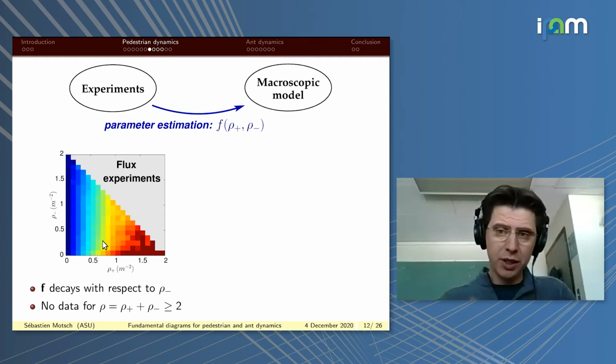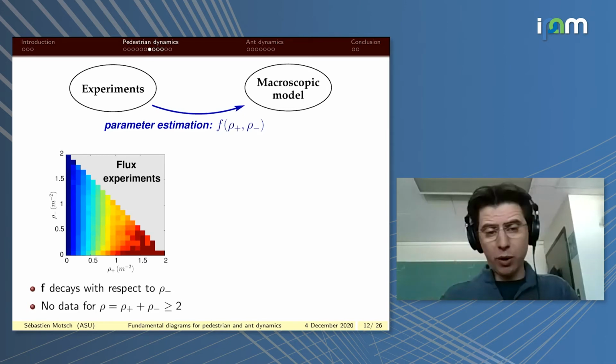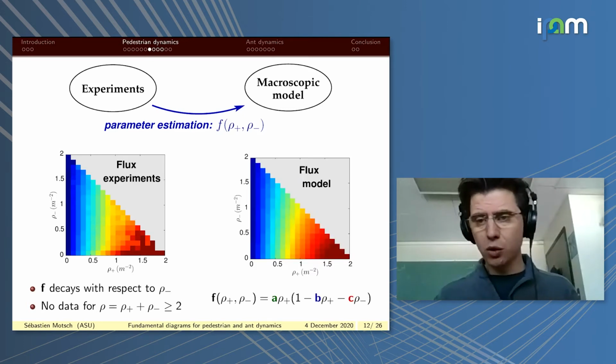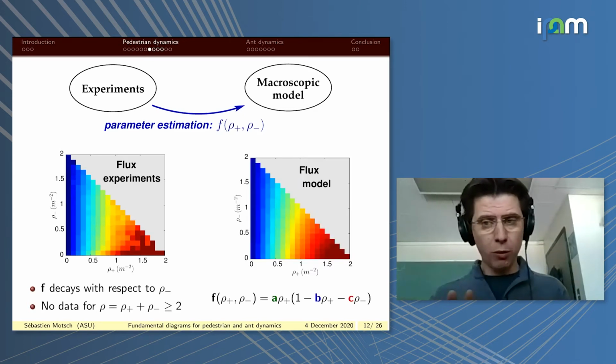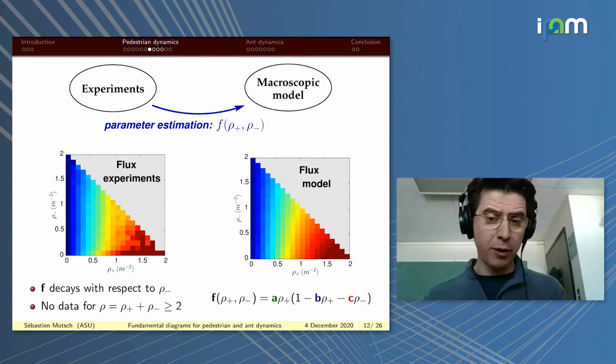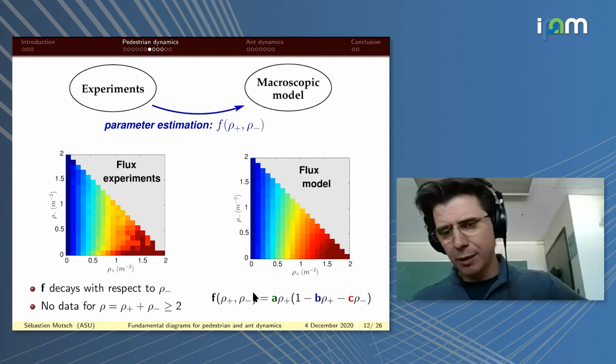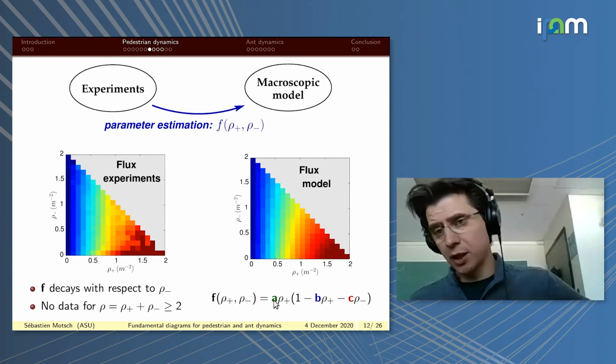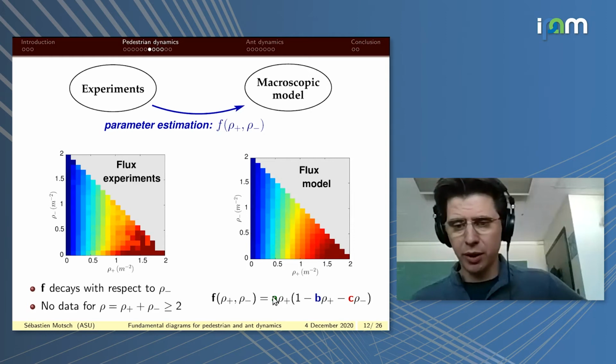And so what we did here, we just tried to write a very simple formula for F describing this observation. It's almost the same as a very elementary function I showed before, except I have three parameters here. A will be basically the free flow velocity, how fast you go if there is no one near you.